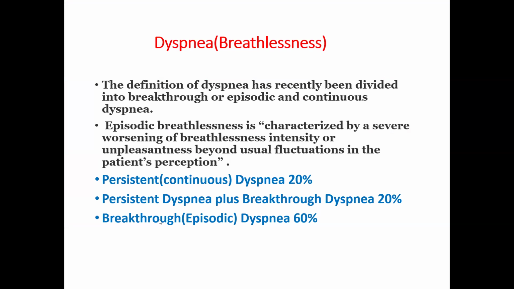I want to say that the episodic is more common than the continuous, almost 60%. You can have both the breakthrough or episodic and the continuous together, and this is around 20%.